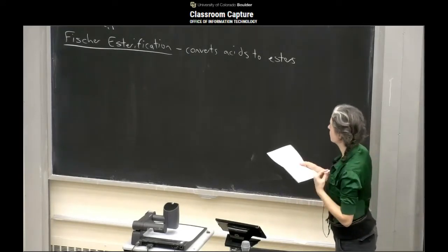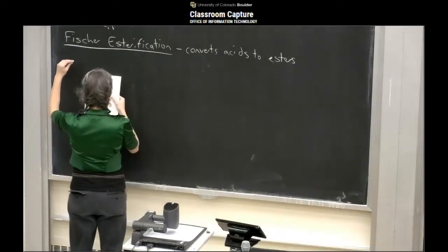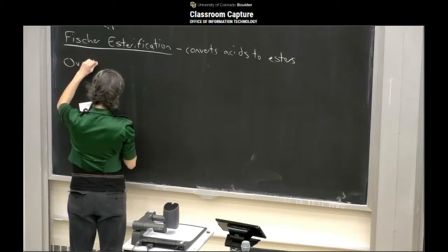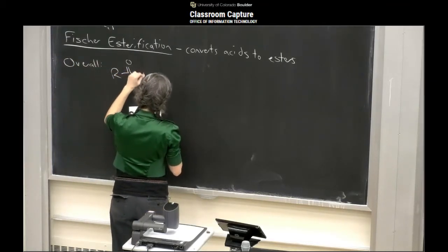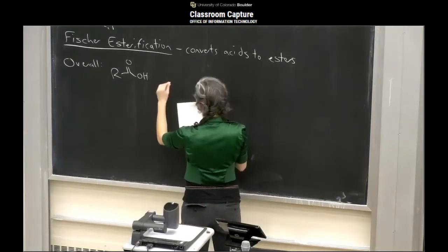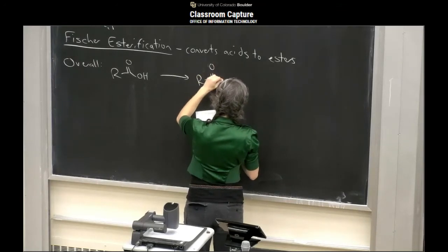Okay, so let me put up the overall reaction here, and then we can go through the mechanism. You start with a carboxylic acid, and you end with an ester.